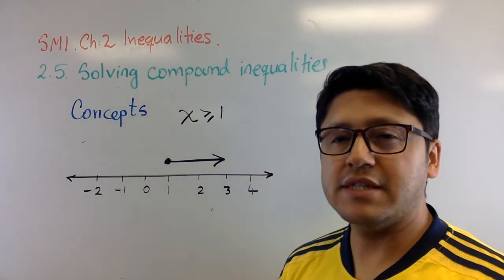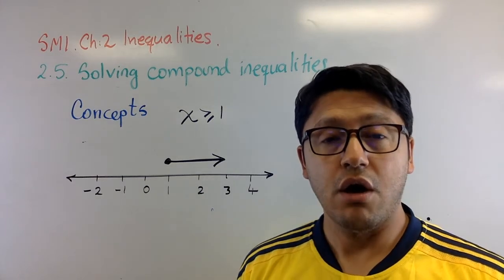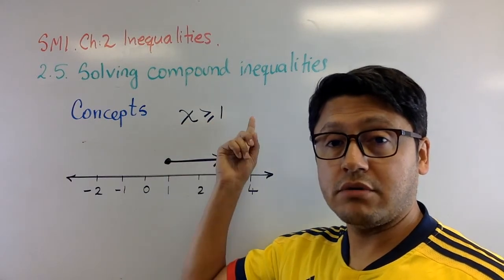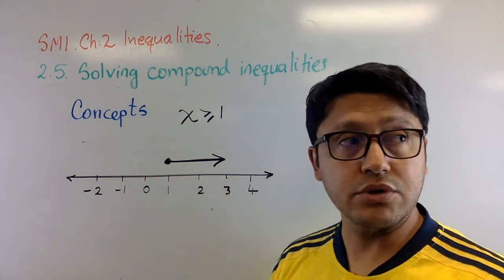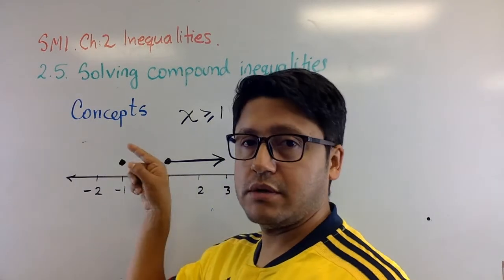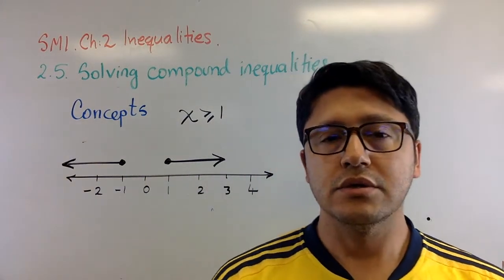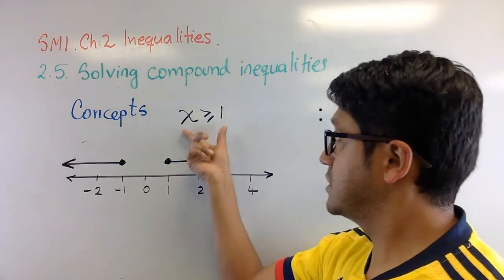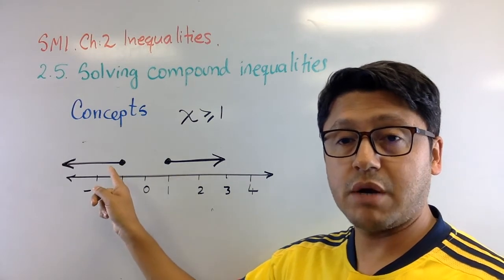But we could also say that the characteristics that we are defining in the solution set of an inequality is all the numbers that are greater than or equal to 1, indicating this segment as the solution. And also, you could start with this point right here and then point at the left, right? So with that in mind, it means that you are now going to describe two of them, which means you have this inequality using this arrow, but now we have to describe this arrow as well.